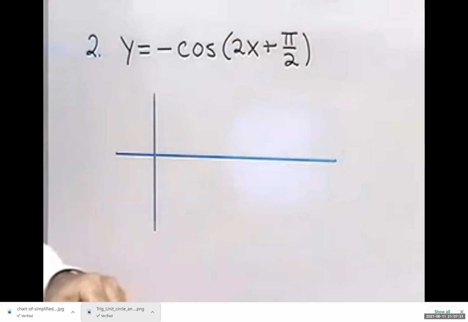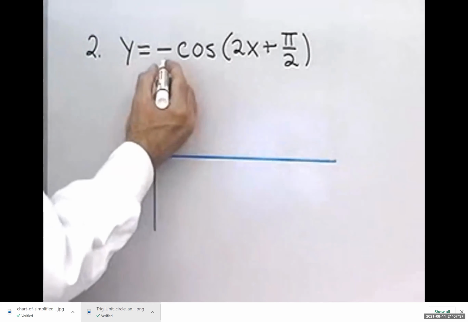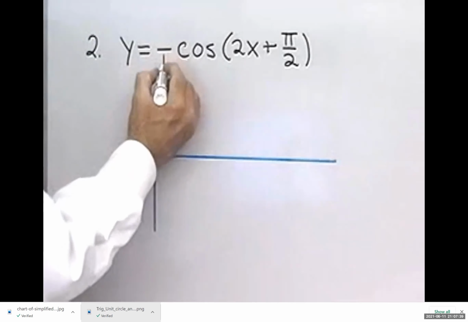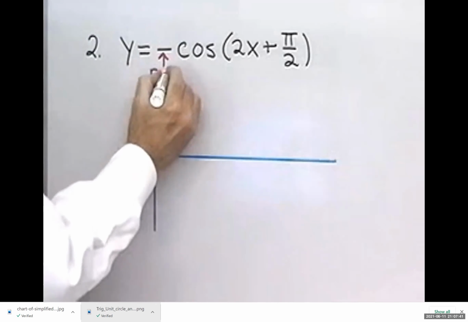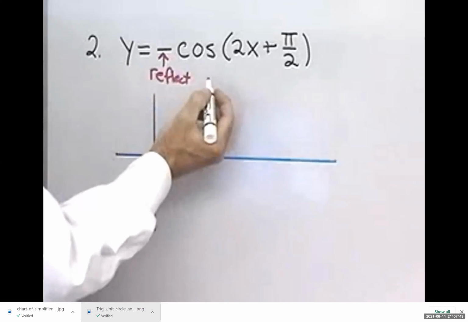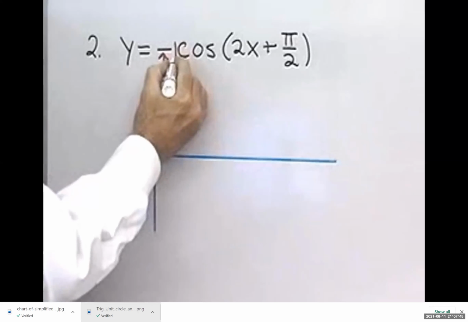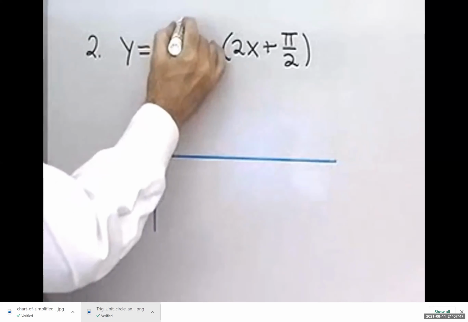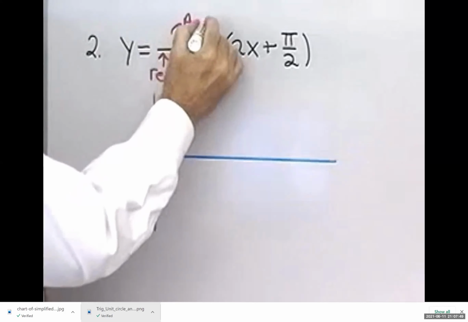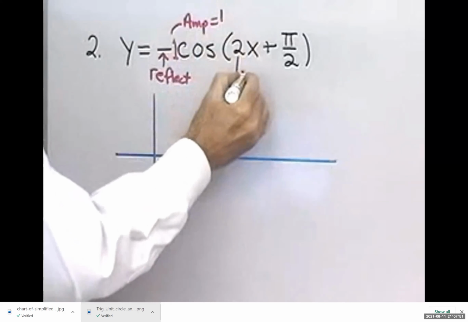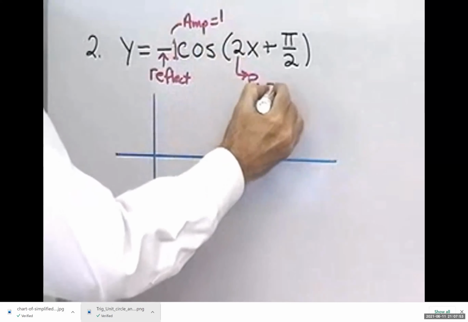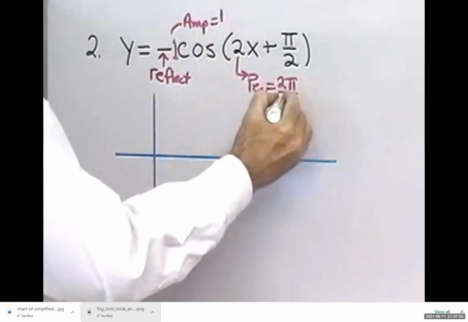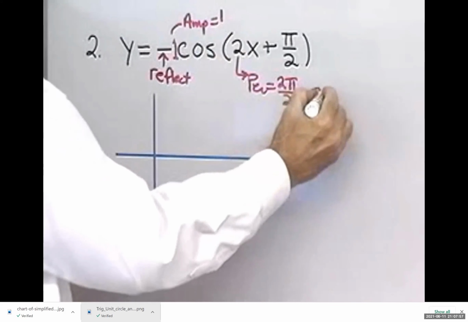Let's try another one. y equals negative cosine of 2x plus pi over 2. So the negative sign here tells me that the graph is reflected. This coefficient right here, 1, tells me that the amplitude is 1. This coefficient tells me that the period is going to be 2 pi divided by 2, which is pi.